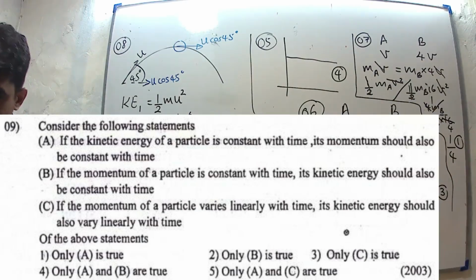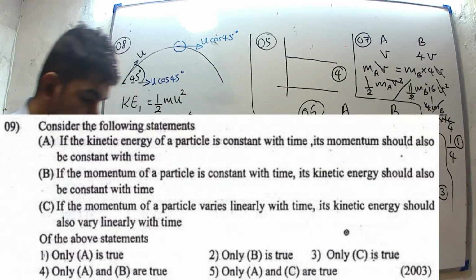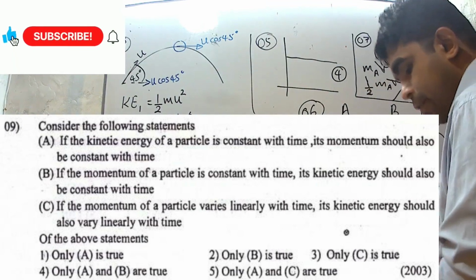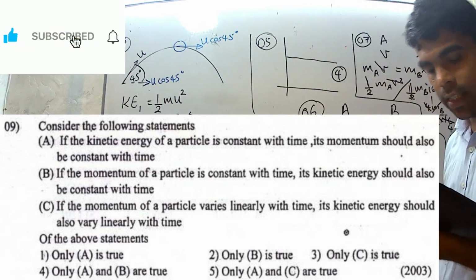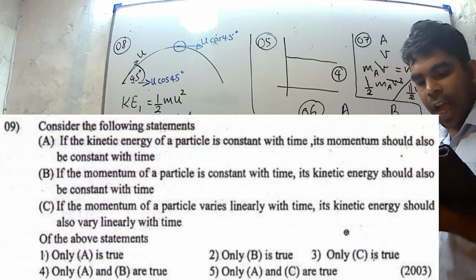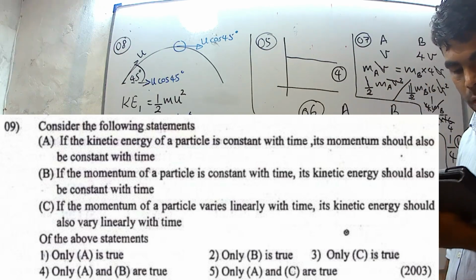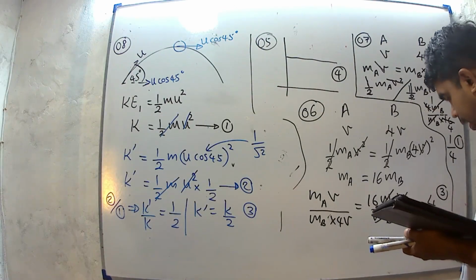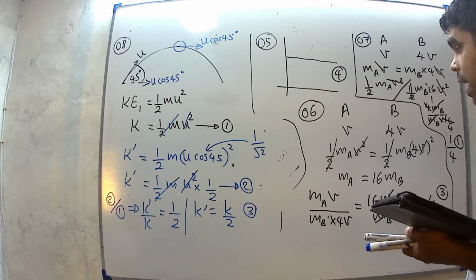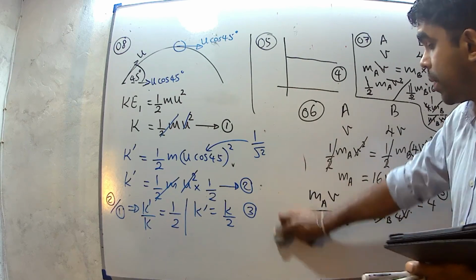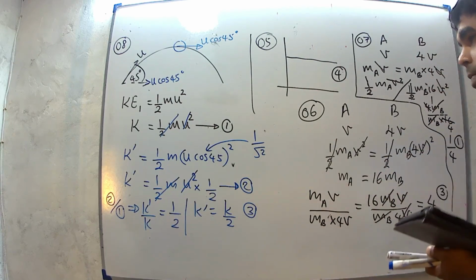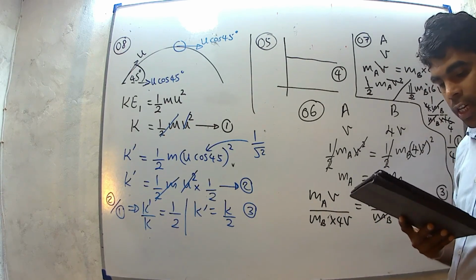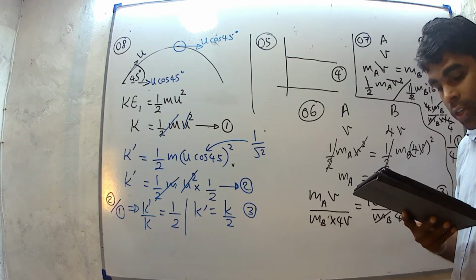Question number 9. Consider the following statements. A. If the kinetic energy of a particle is constant with time, its momentum should also be constant with time. No, we can't get it. If kinetic energy is constant, momentum should be constant is a wrong statement.